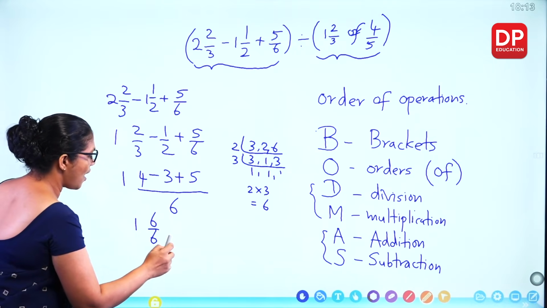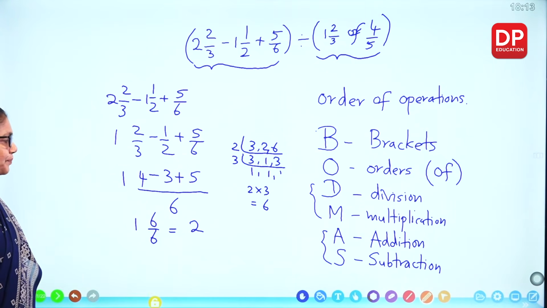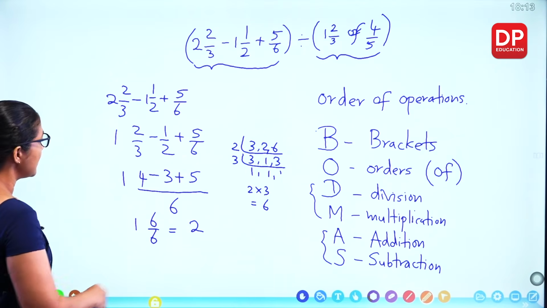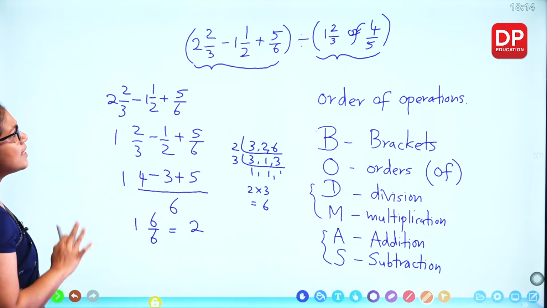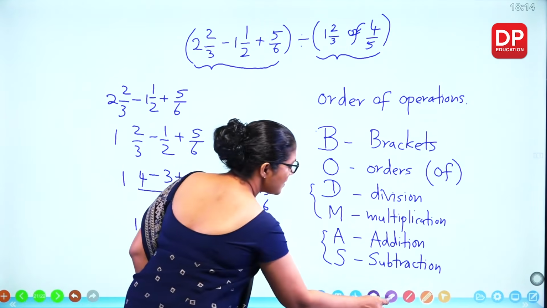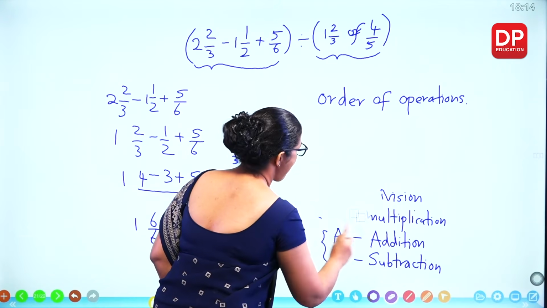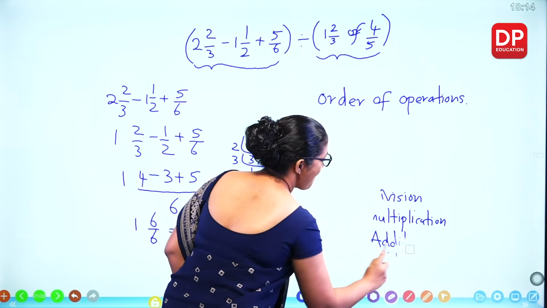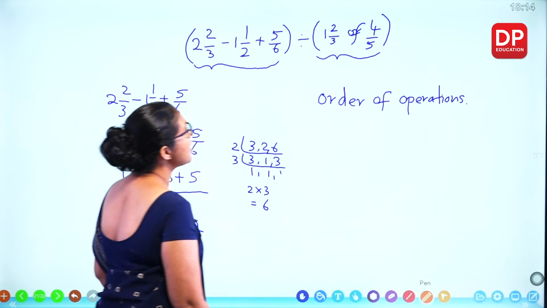So 1 and 1 becomes 2. Now this is the first part. Now I need to do the second part, so I'll erase this and do the second part.